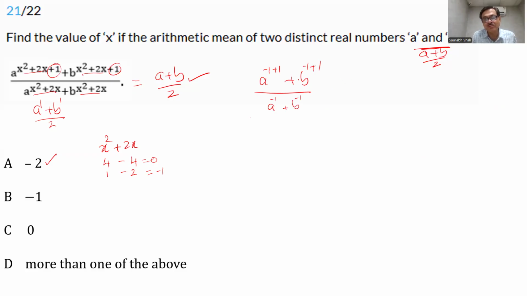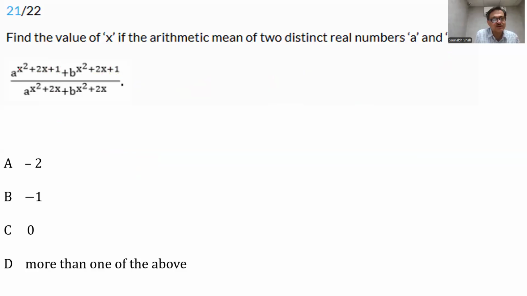This is 0, this is 0, so this becomes 1 plus 1, 2 upon 1 upon A plus 1 upon B. And this is not what we want. This is not A plus B by 2. So -1 is not possible. Let's try now 0. If x is taken as 0, our equation simply becomes what? Let me erase all of this. So let's try to put x as 0. If I put x as 0, this simply becomes A raised to 1. This is 0.